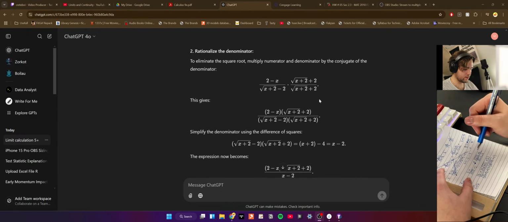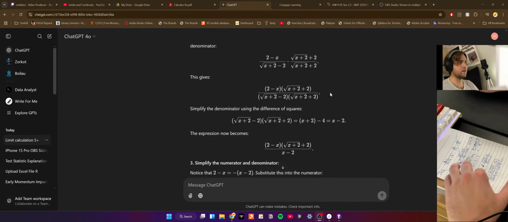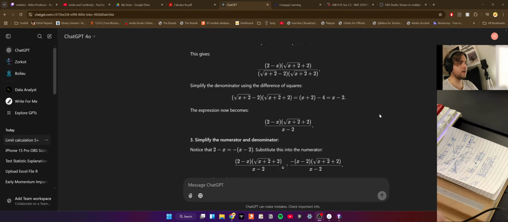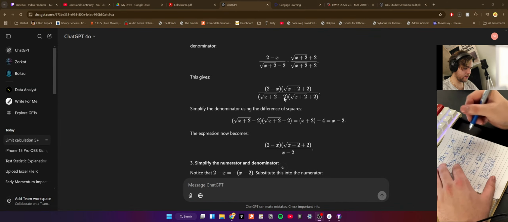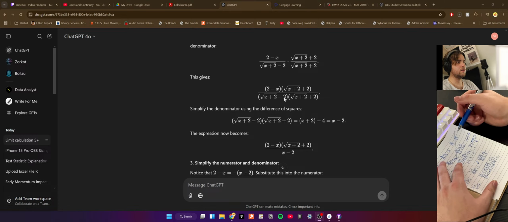Now, there wouldn't be any point in canceling them out. So what ChatGPT is saying is to simplify the denominator by using the difference of squares, which I don't know what that is. So the minus is from the original. Okay, my bad. I guess plus 2, difference of squares.